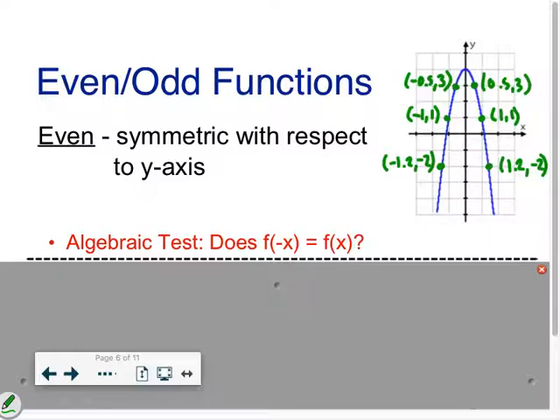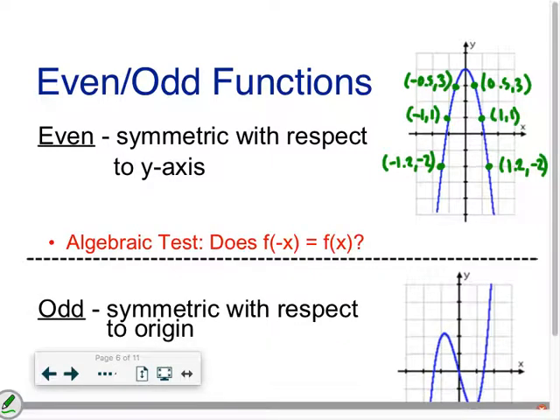That does what Chloe said. You're putting in a negative x, the opposite x, but you're getting out the same y. The other type of function is an odd function. So the definition of an odd function is that it's symmetric to the origin.